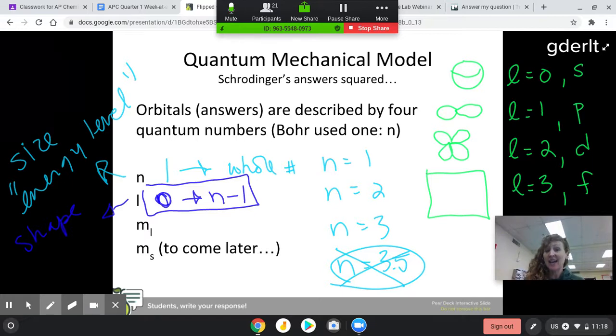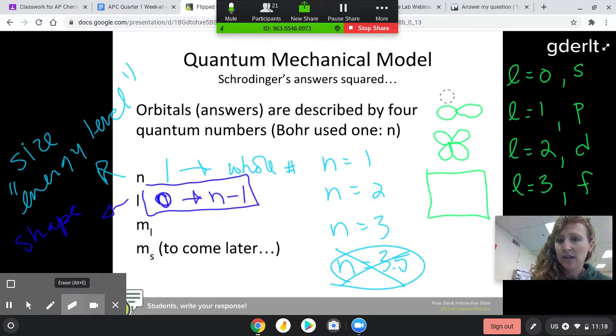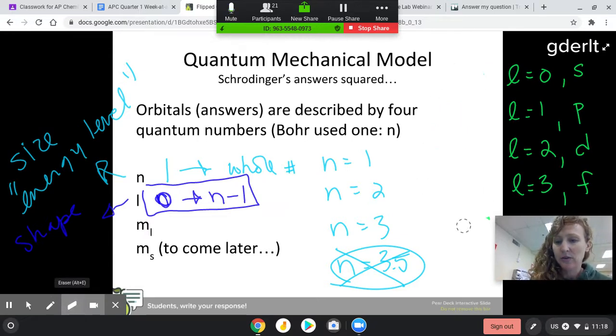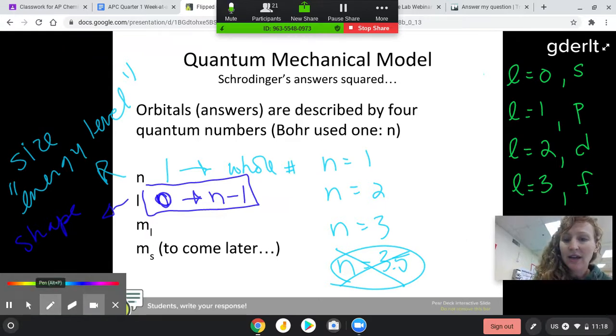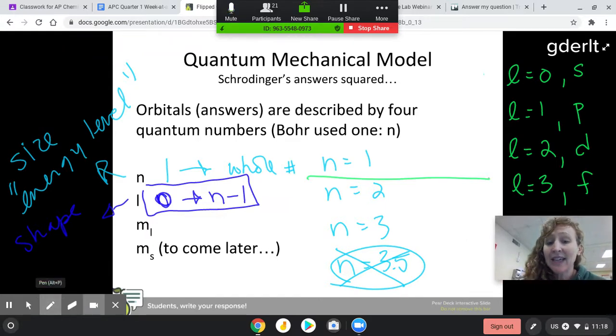Okay, so like I said, you can't have every shape at every level because L is regulated by what N is. So I'm going to erase my little drawings over here, and let's go back to these N values. If N is 1, then I can have any L from 0 to N minus 1. So that means I can have any value of L from 0 to 1 minus 1, which equals what? 0.